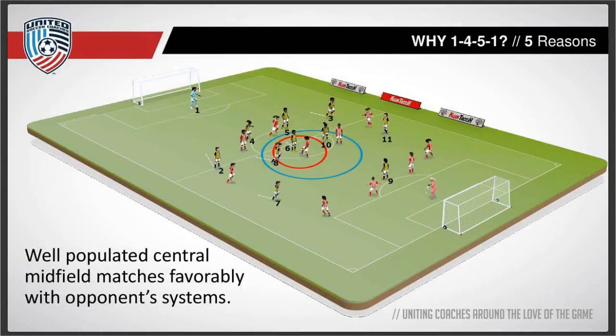We've tried to demonstrate with this graphic how, if we have 3 in the center of midfield and our opponent has 4 in the midfield, 2 in the center, the numerical advantage is possible. In the red circle, when we're out of possession, let's get all 3 of them in there and keep it really tight, because we have supporting defensive cover from 7 and 11 in the wide space.